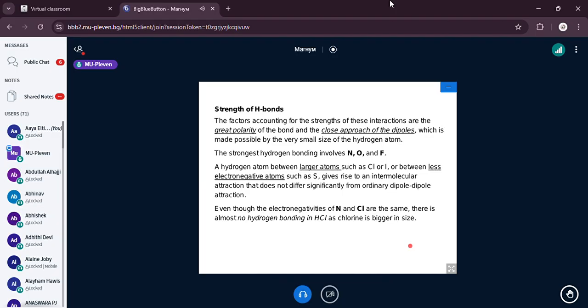The shorter the distance, the stronger the hydrogen bond.